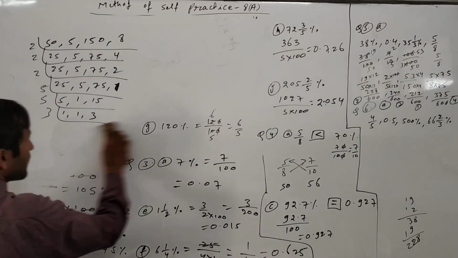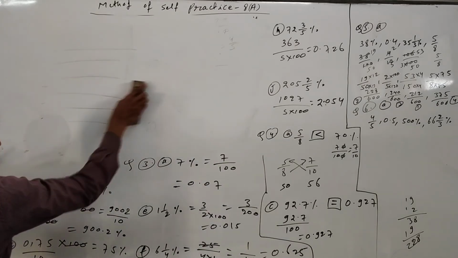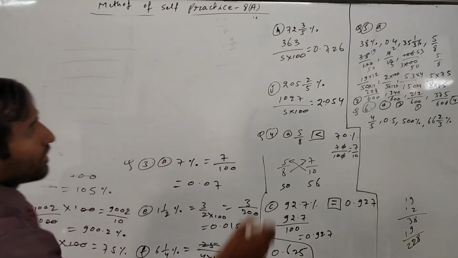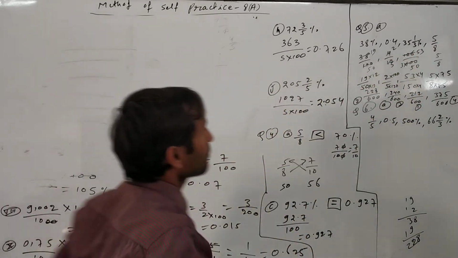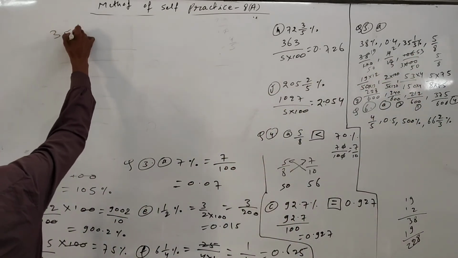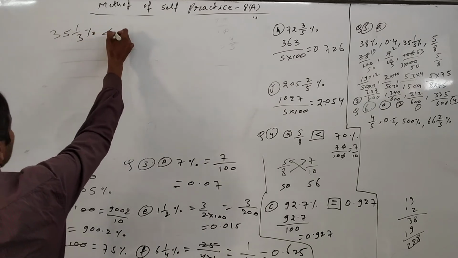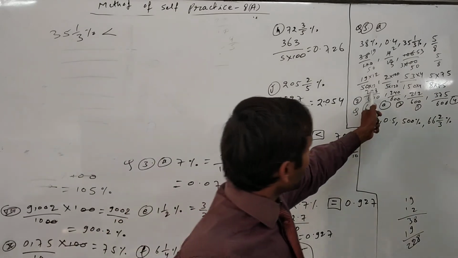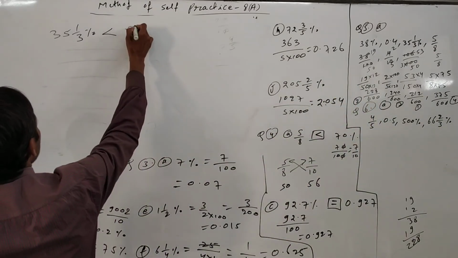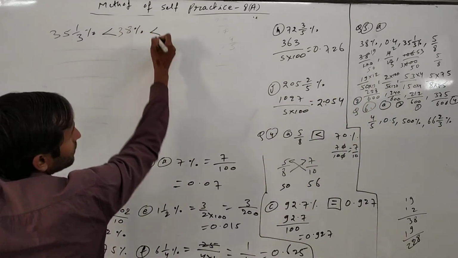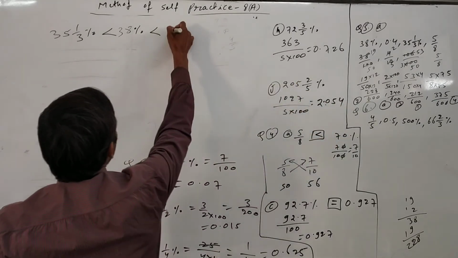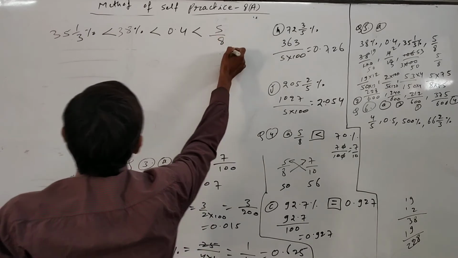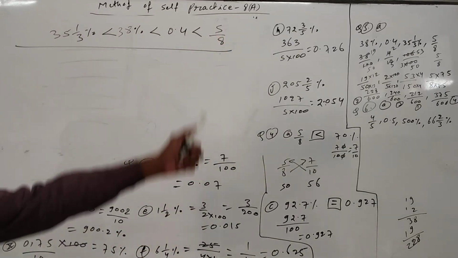So for question number 5, first position is 35, 1 upon 3, less than second, 38%, less than third, 0.4, less than 5 upon 8. This one is the greatest. This is the correct order for question number 5a.